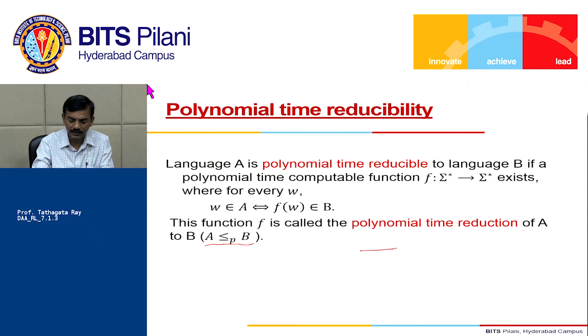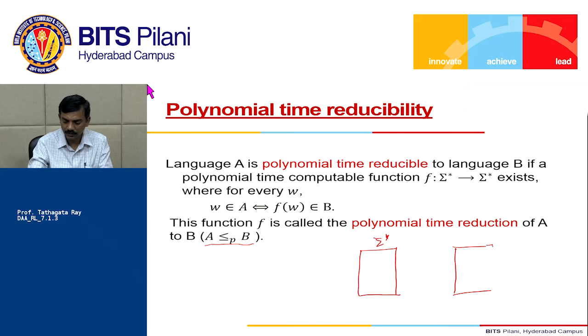Now what is it saying? Let's say this is my sigma star, and this is my domain sigma star, and this is the range. You have this function going from here. Now your language L or A is nothing but a collection of some of these strings.